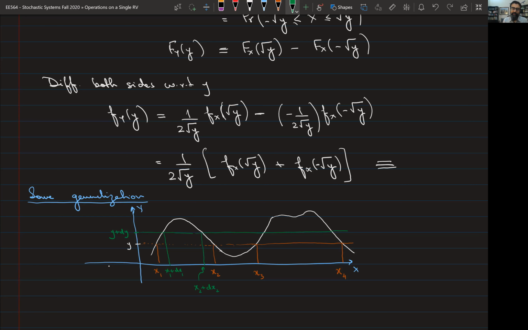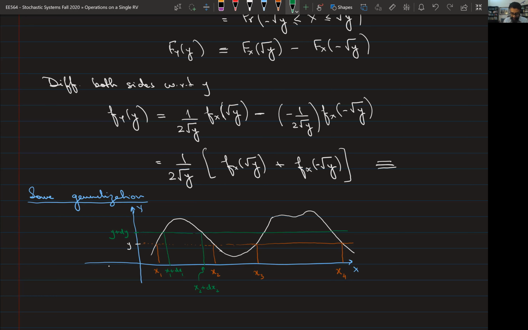Because, and they're going to be a function of what, by the way? क्या किस चीज़ का function होगा? dy का? नहीं, so dy का तो है, लेकिन how big or how small dx1 or dx2 is depends on something, and that something is the slope of the function. I mean, whether the function is increasing slowly or rapidly, right? That is going to affect how big or small this dx1 or dx2 is.